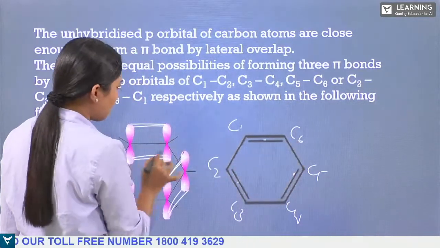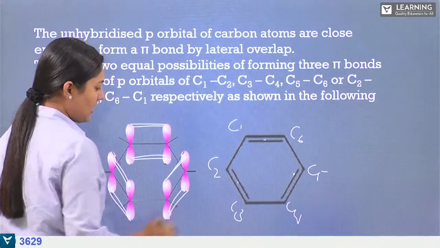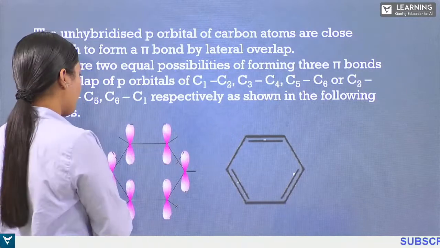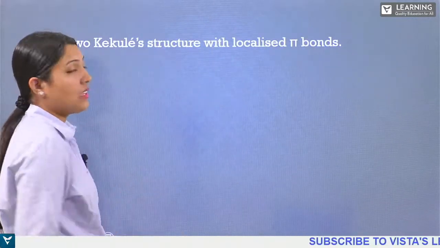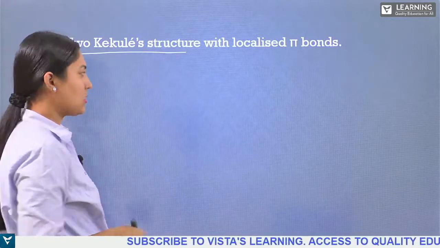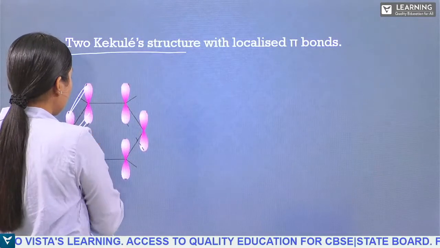So here we have a double bond between C6 and C1, C5 and C4, C3 and C2. Getting it? So this is one structure. And as we saw, there are two Kekulé structures with delocalization of pi bonds. We have one more, where the bond will be like this.